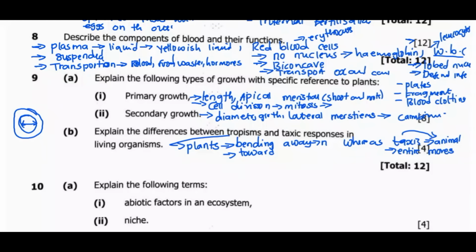Then question 10a, explain the following terms. The first one, abiotic factors in an ecosystem. Ecology is the branch of biology that helps us understand the relationship between living organisms and non-living things. We living organisms depend on non-living things to survive. For example, we need air, water, and soil to survive.